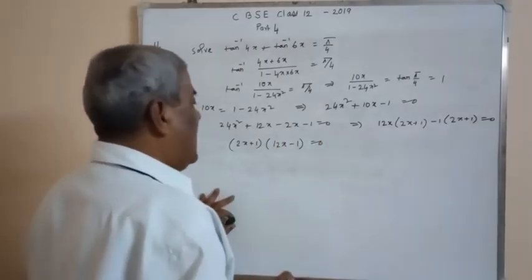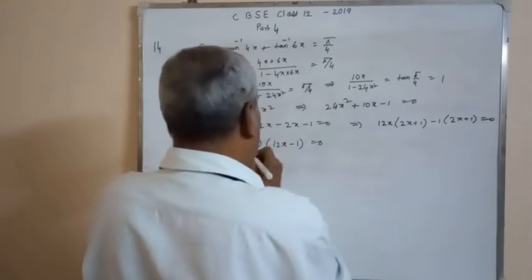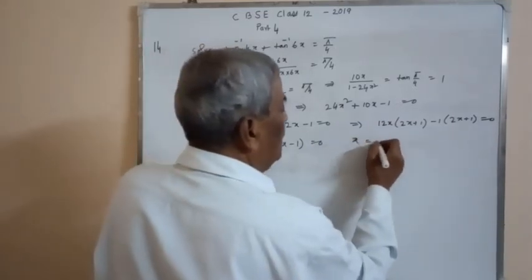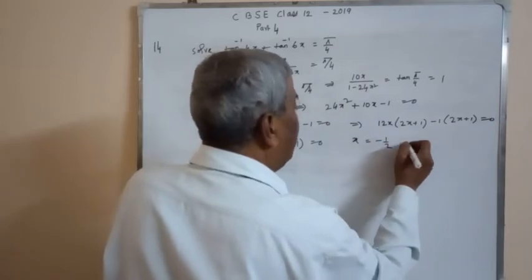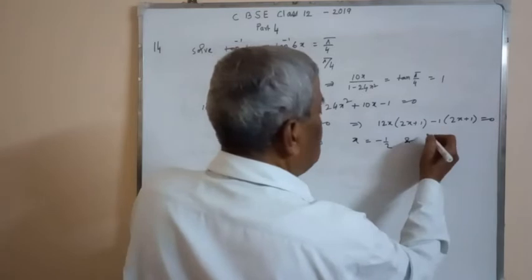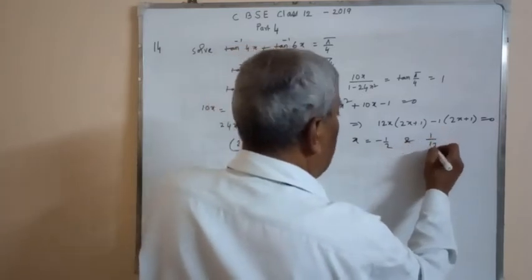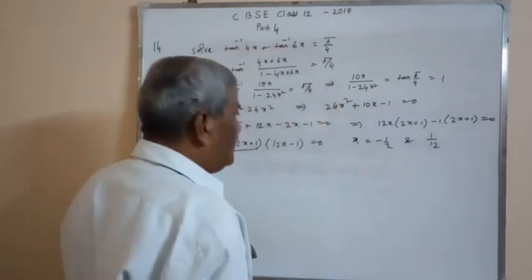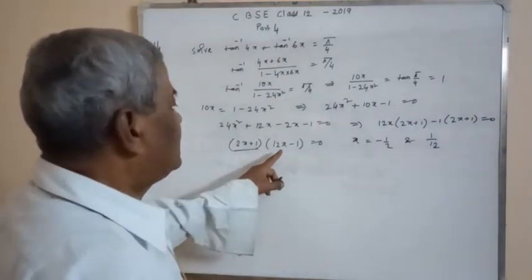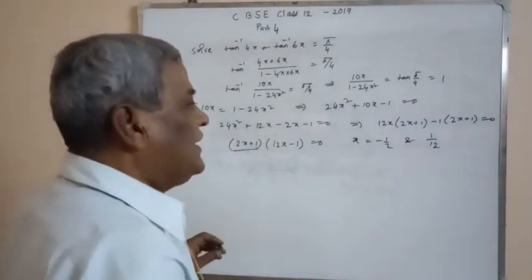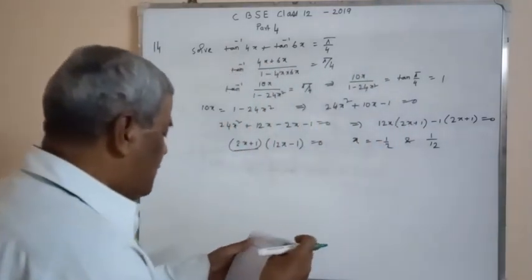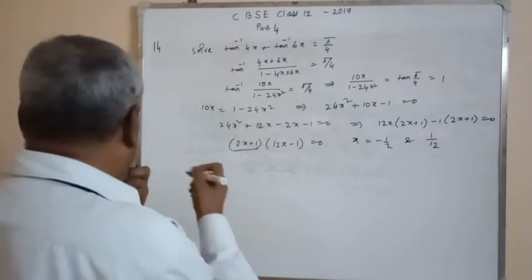It means our required x is either minus half, or if this is equal to 0, x is equal to 1 by 12. Yes, that's all. So this is about the first problem, problem number 14.